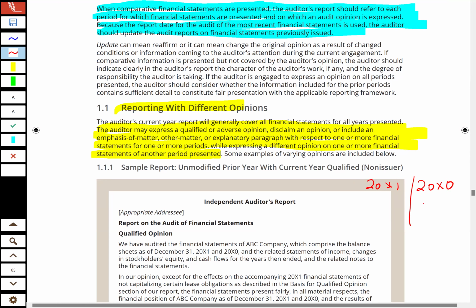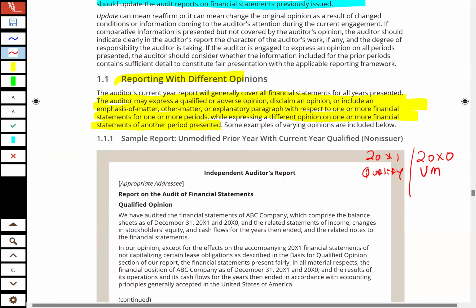Now let's say in 20X0 we had an unmodified, unqualified opinion. But for some reason in 20X1, we have to qualify. How would the audit report look under those circumstances? And we're covering both periods, X1 and X0. So we're calling out both years.